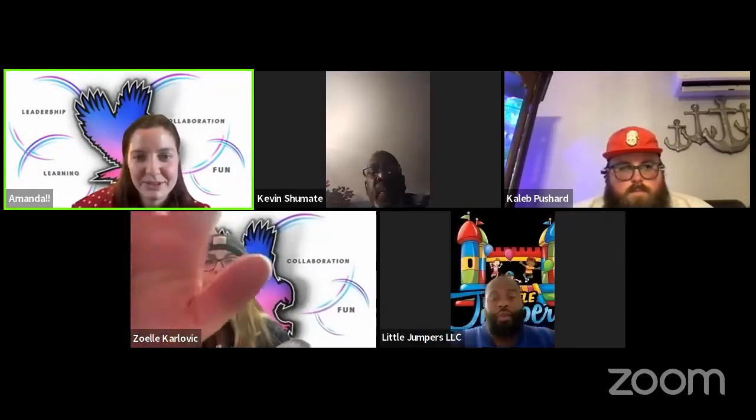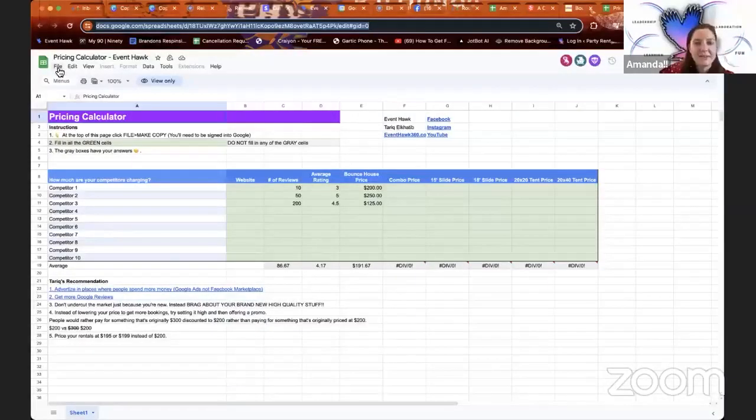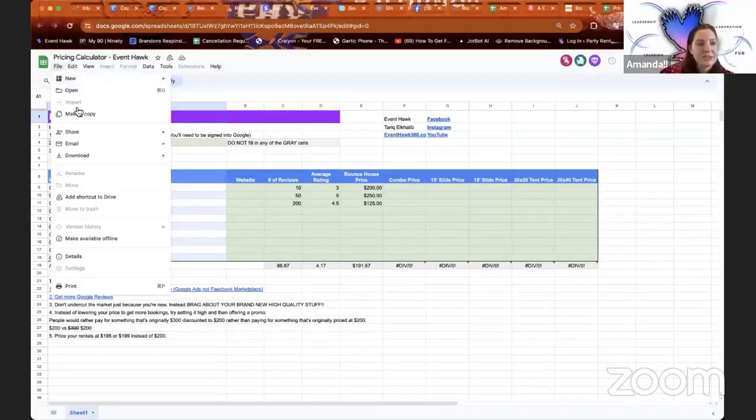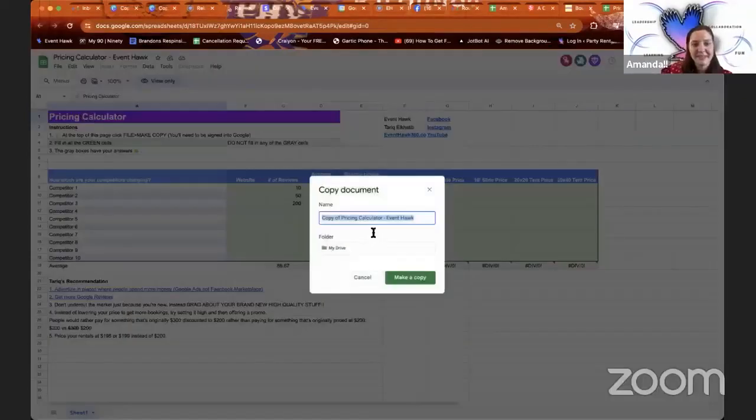Okay, screen share here. All right. So if you're going to make a copy, all you have to do is go to File and hit Make a Copy. And then I just want to add mine. I like labeling. Because prices change, things change, reviews change.